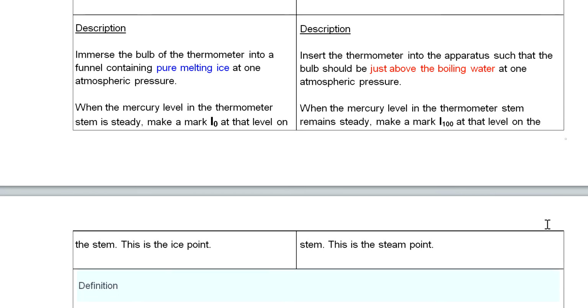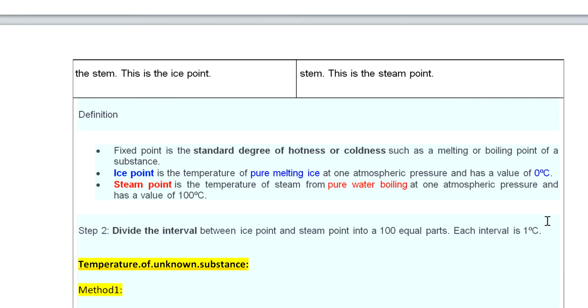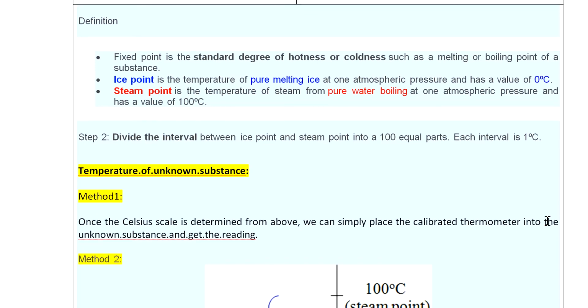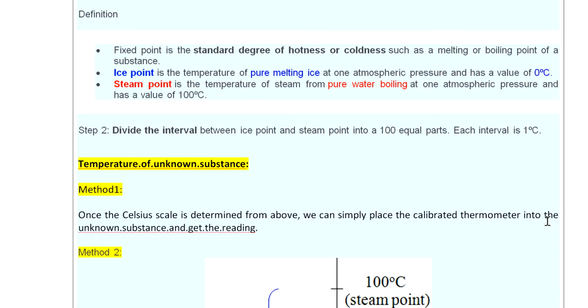Now, next, there are some definitions and methods to find the unknown temperature. First of all, if the examiner asks you to define a fixed point, he or she is not going to ask you to explain ice point or steam point, just fixed point.